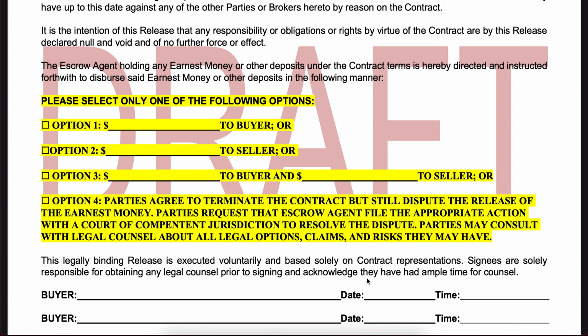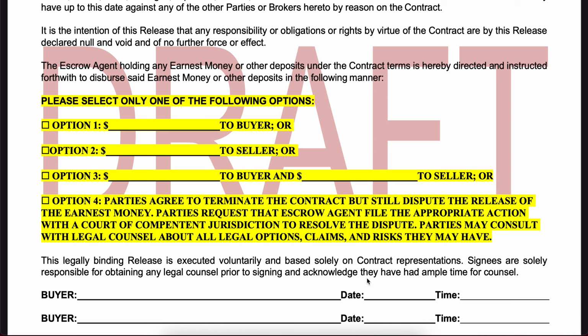So that is where the parties agreed to terminate the contract, but they're still disputing the release of that earnest money. So now the parties are going to request that the escrow agent, whether that be the buyer's broker, seller's broker, or law firm, file an appropriate action with the court of competent jurisdiction to resolve the dispute. We have understood that the parties may consult legal counsel about all their legal options, claims, and risks that they may have.